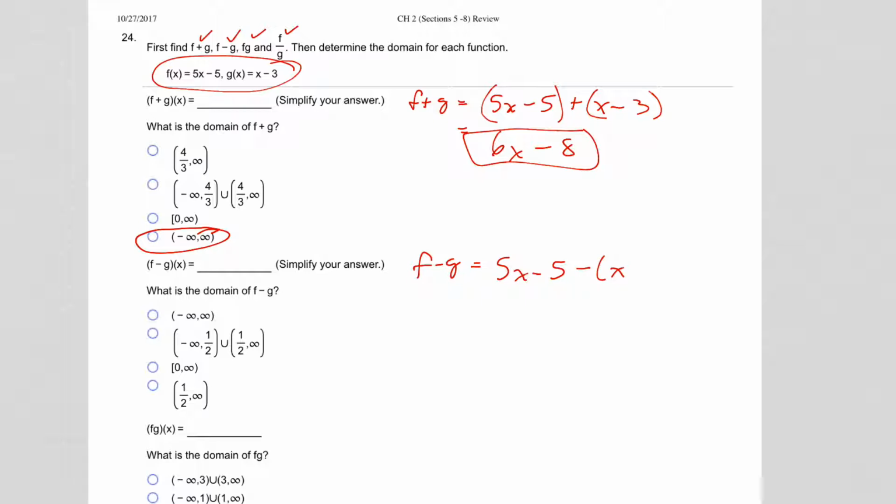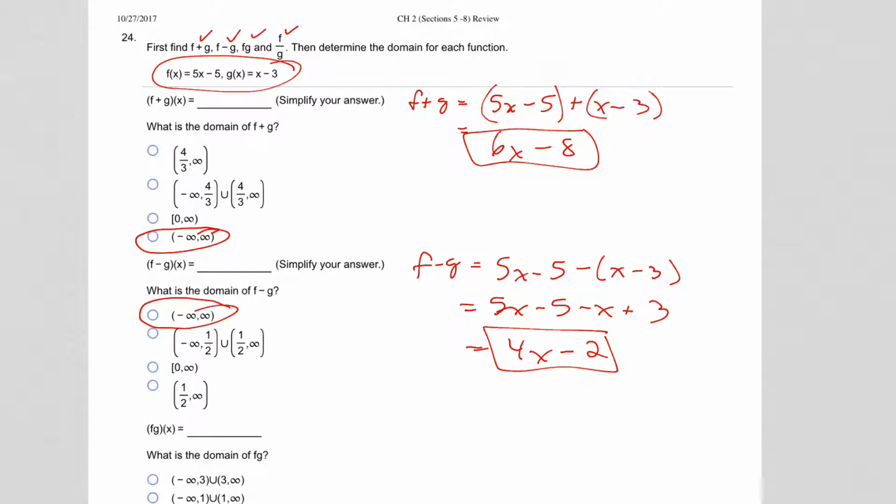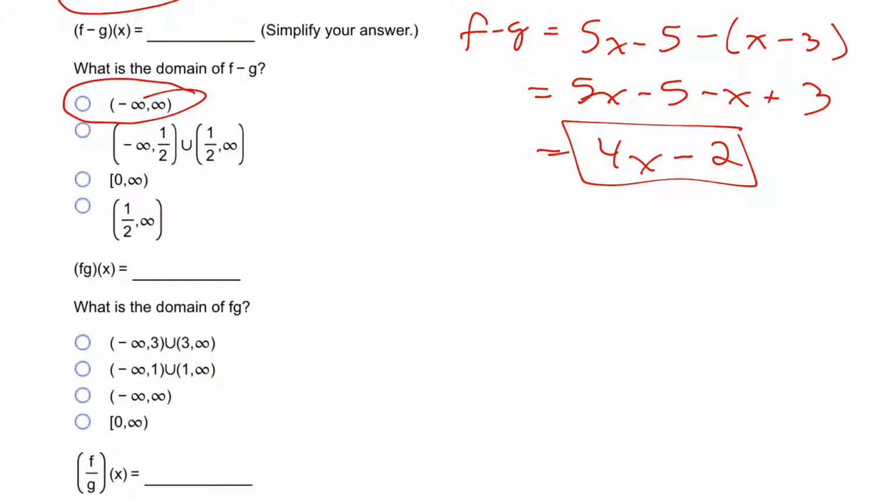Except you're subtracting a binomial. So we do have to distribute that. And we're going to get 4x minus 2. Okay, now what's the domain of it? This is linear. So once again, it's all real numbers. There's no restrictions.